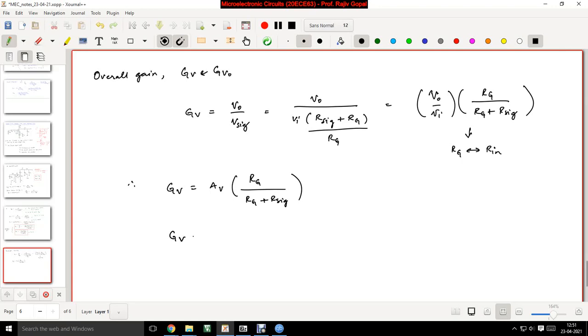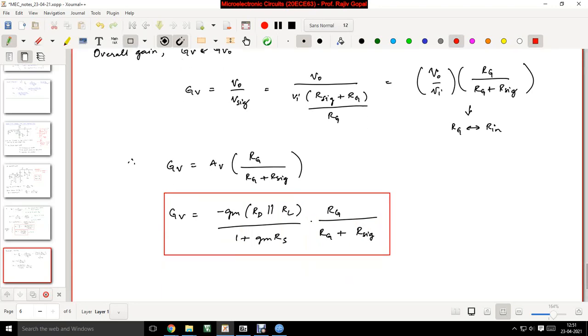Which is GV equal to minus Gm into RD parallel RL divided by 1 plus Gm into Rs, into Rg by Rg plus Rc. So this is Gm, this is GV.